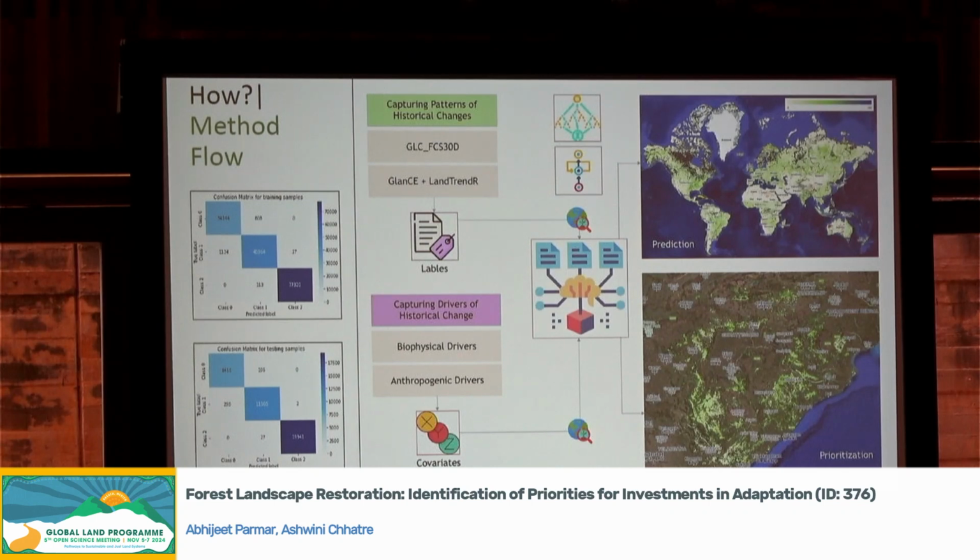So that was the choice of model for producing a general framework of prioritization, and this is the prioritization we did in terms of security of tenure in the Indian landscape, where titles are secured with the local communities.